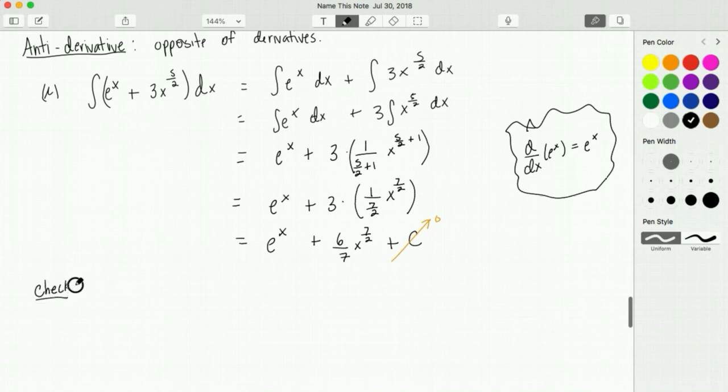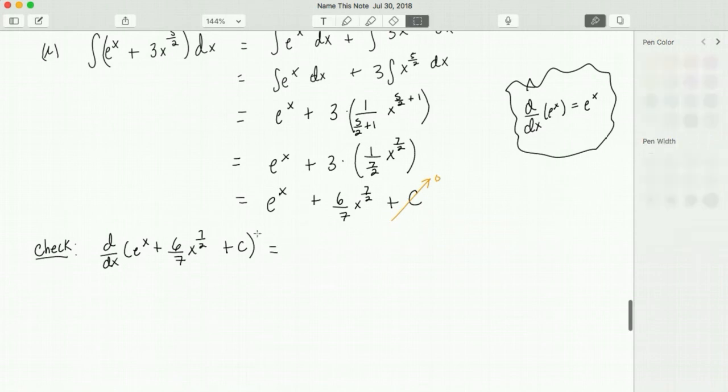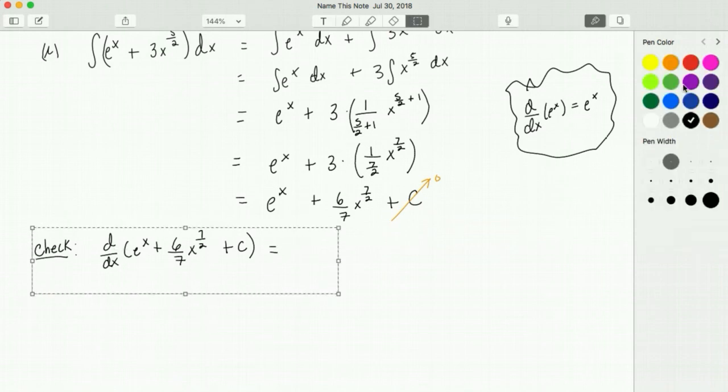It is very important to get in the habit of checking your integrals by taking the derivative to make sure that you are not making a mistake. I'm going to do it in a different color so you can see the difference. This is going to be in purple.